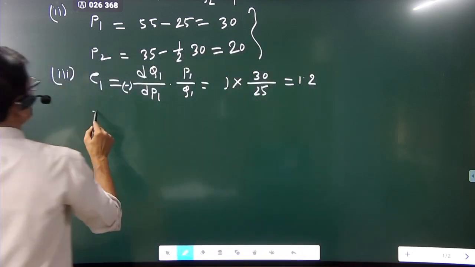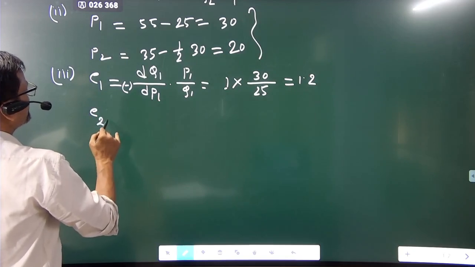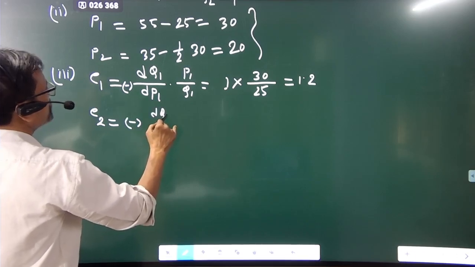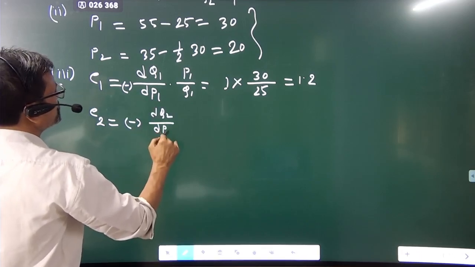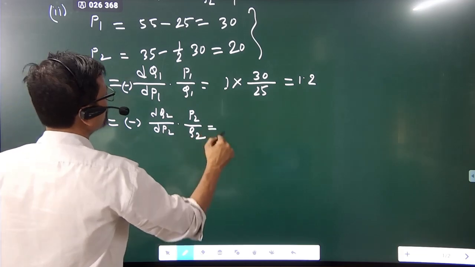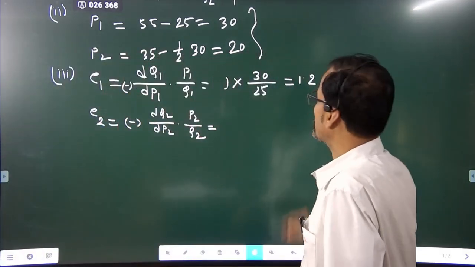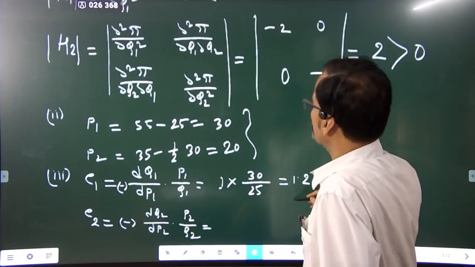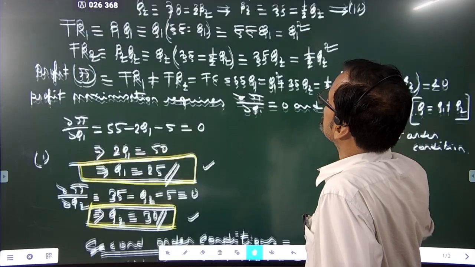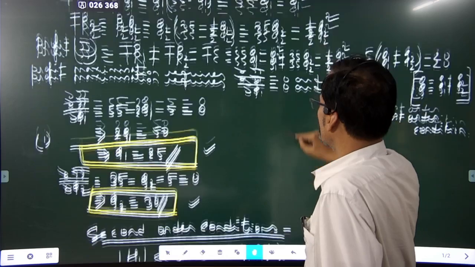Similarly, we can calculate the elasticity in market 2: del Q2 by del P2 into P2 by Q2. When you differentiate Q2 with respect to P2, that is -2.